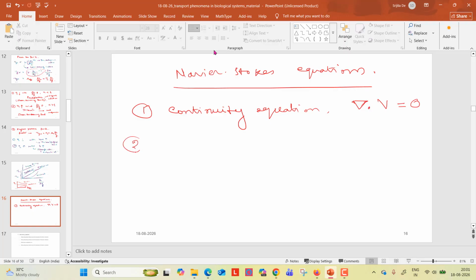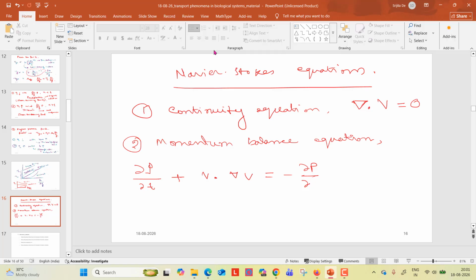And for the momentum balance equation, this is the full equation: rho times (del V del t plus V dot grad V) equals minus grad P plus mu grad square V plus an external force term or external potential.